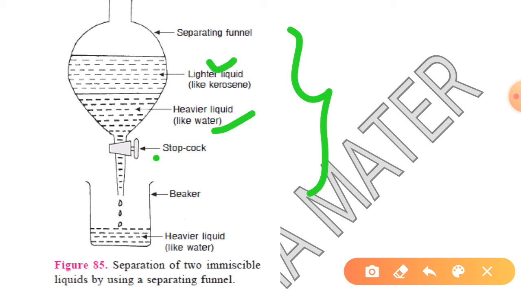When the stopcock is opened, the heavier liquid at the bottom can be separated drop by drop, and later on you can separate the kerosene oil from it. So this was the technique of the separating funnel, which can be used for immiscible liquids.